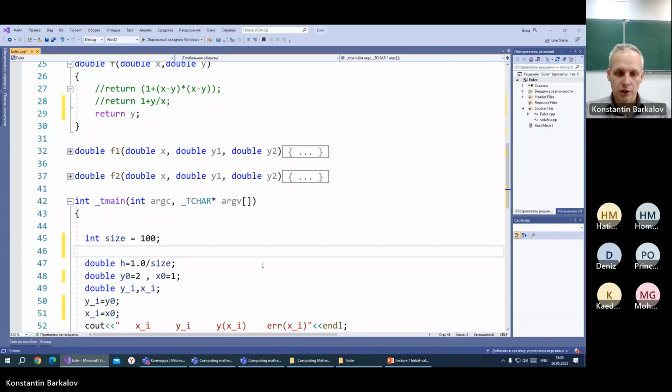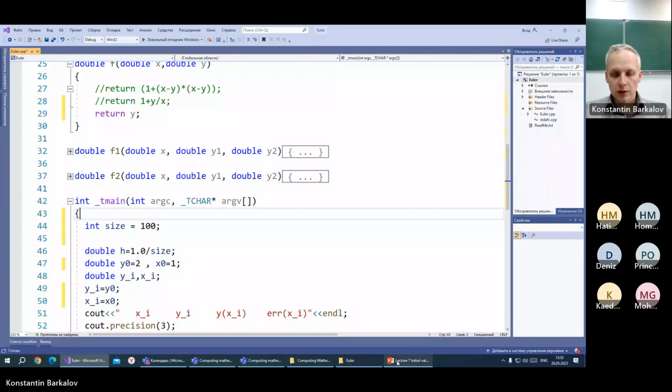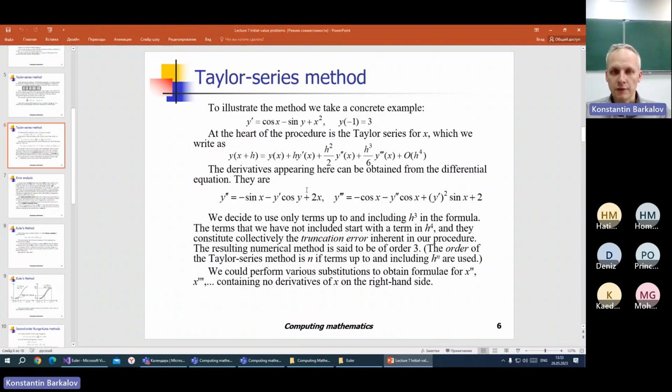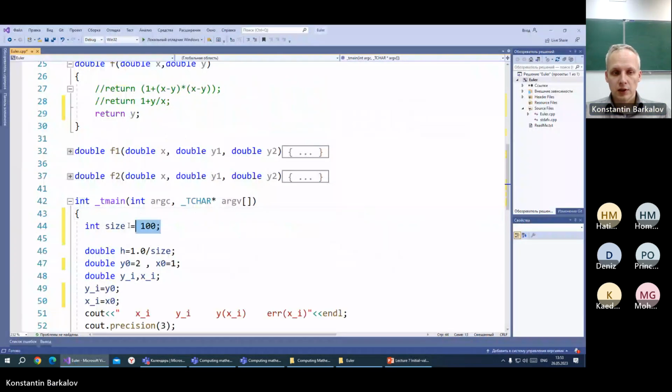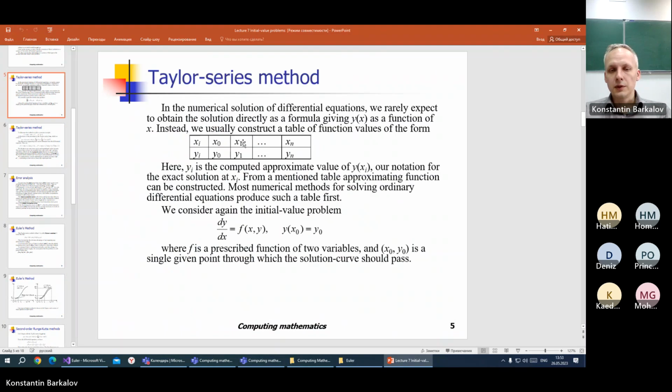What variables must we declare in this case? Since we are going to find this table of values, first we should declare the size of this table, the number of columns. Let size equal 100. After that, we should compute the distance between two neighbor points, the distance between x1 and x0.